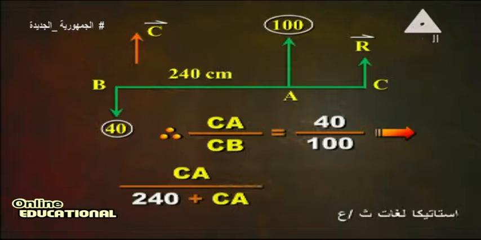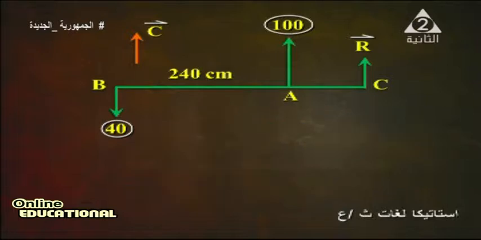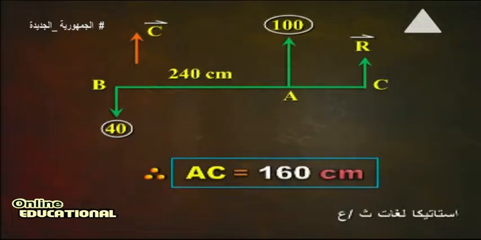Using cross multiplication, we deduce that AC equals 160 centimeters. Remember, my dear student, the resultant is 60 newtons and acts at a distance 160 centimeters from point A or 400 centimeters from point B.